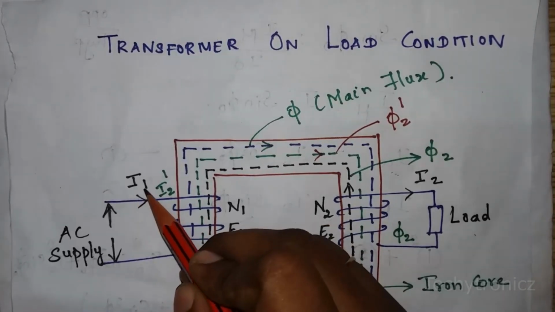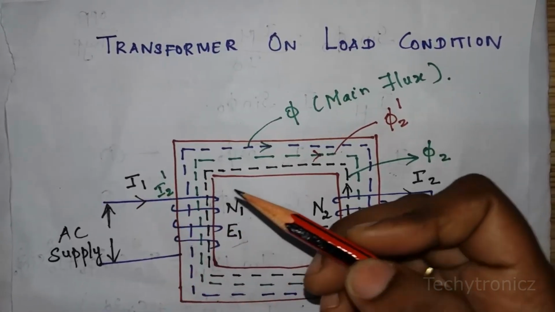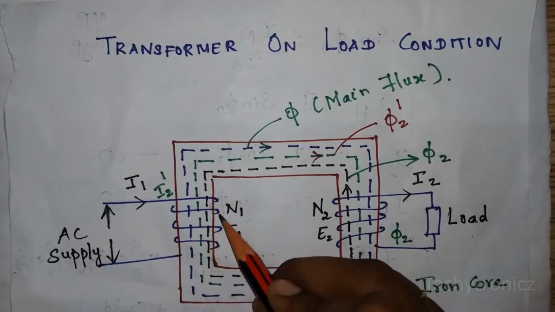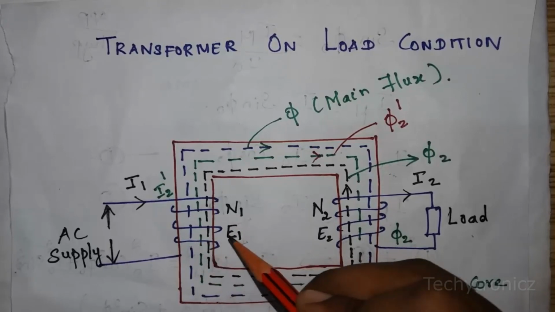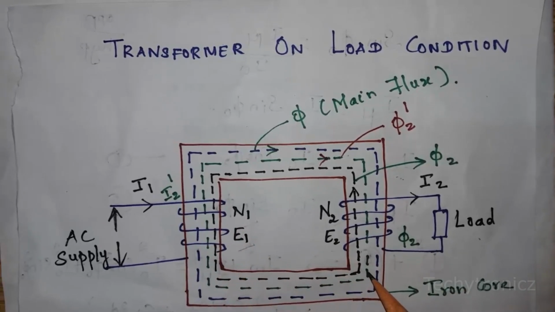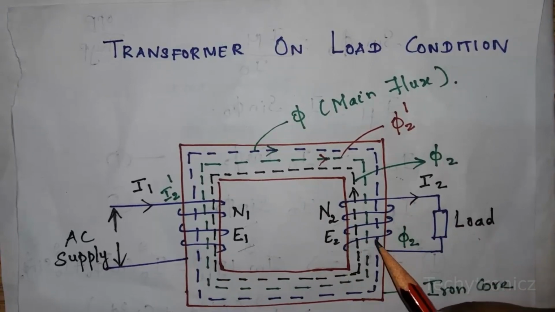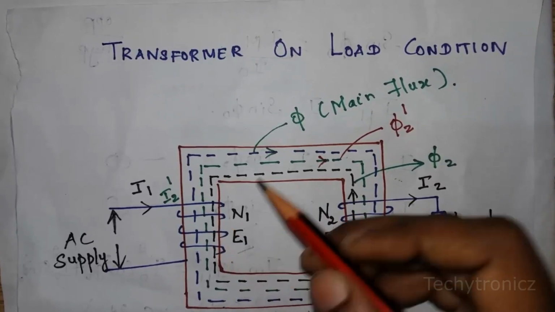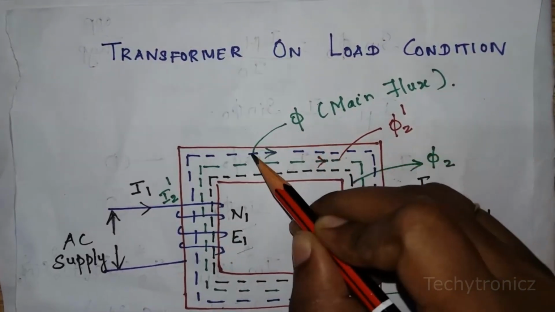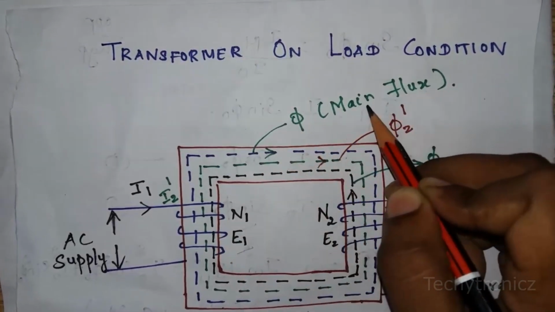When the current flows in the primary winding, an alternating flux is created in the primary winding. This alternating flux passes through the iron core and cuts the secondary winding. This flux is denoted as phi and it is the main flux.